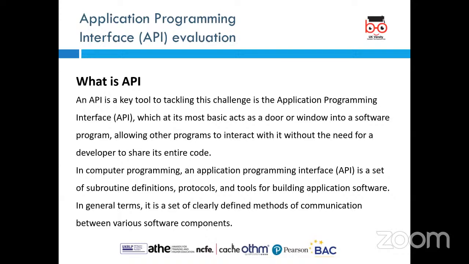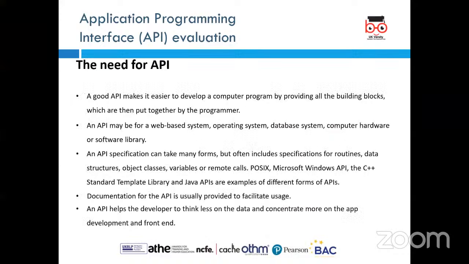So as you can see, an API makes it easier for developers to work on a project, where we can create this block of programming and then manipulate it. We can use this code based on what we're going to do with our request.